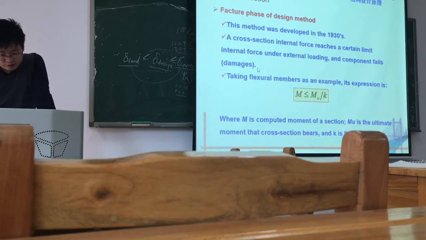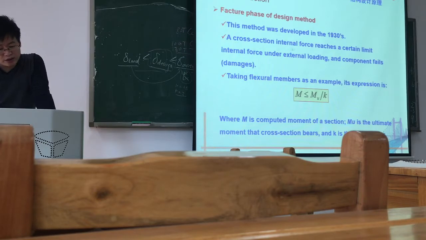For this design method, taking a flexural member as an example, it is expressed like this, where M is the computed moment for the section, Mu is the ultimate moment that the cross-section can bear, and K is the safety factor. This method is determined by the cross-section internal force.